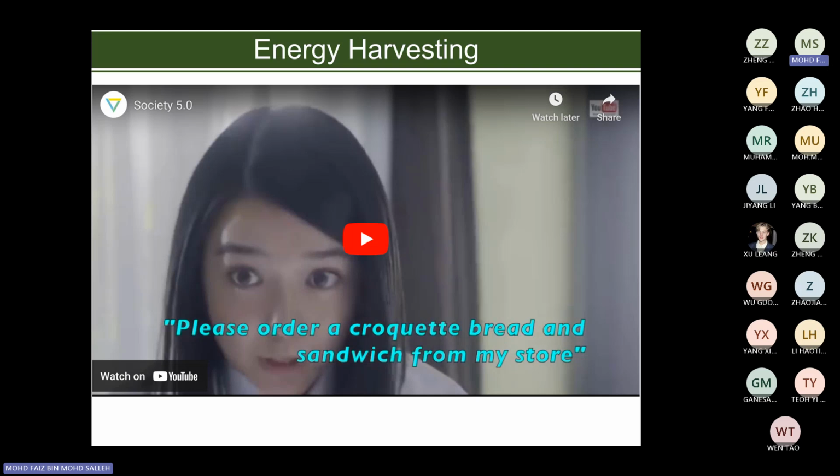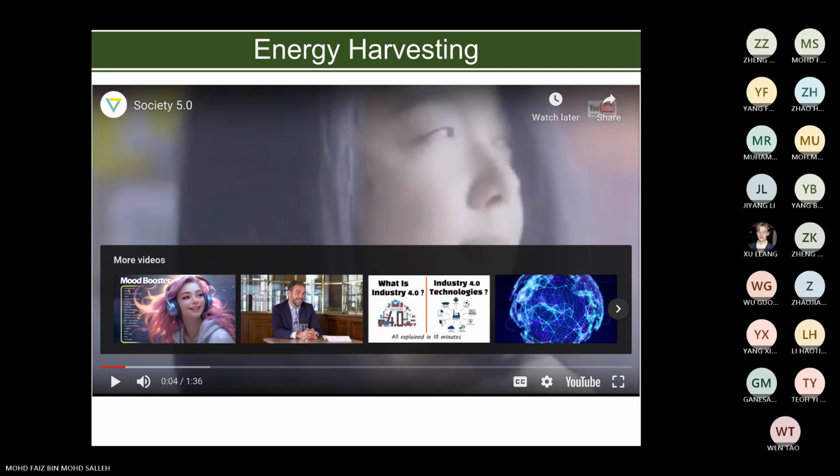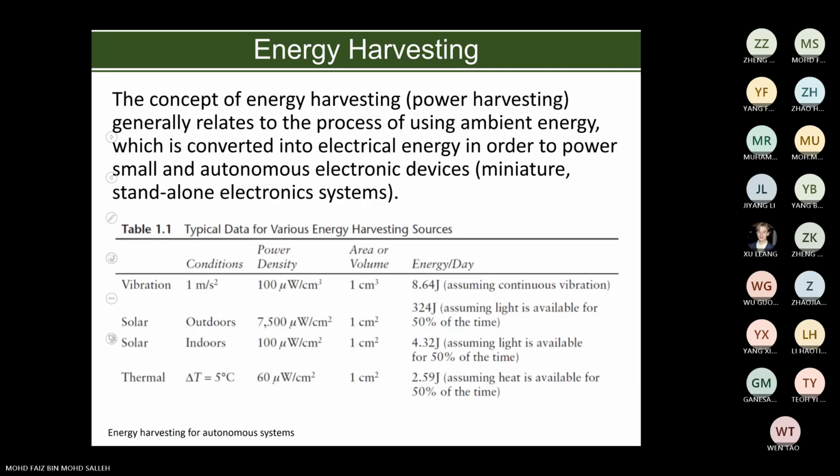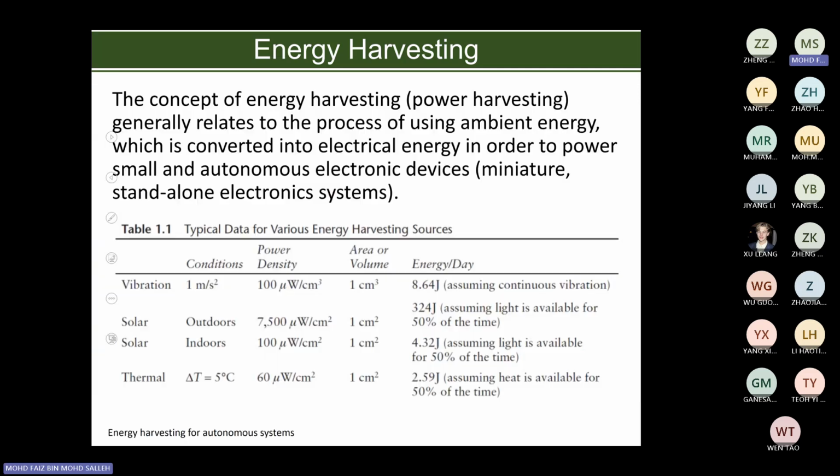Okay, so let's look at it. Just as I mentioned, when we speak about the concept of energy harvesting, it means that it will use ambient energy to produce electricity.